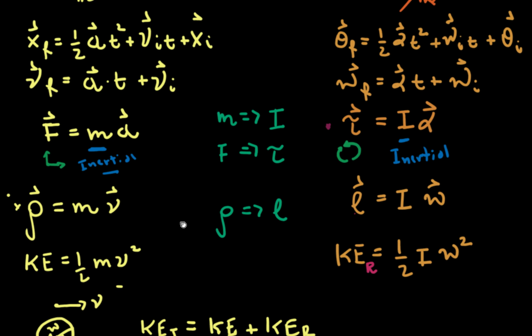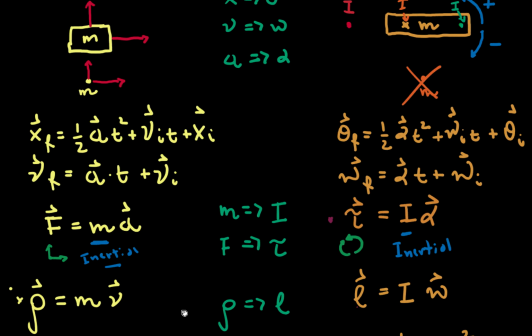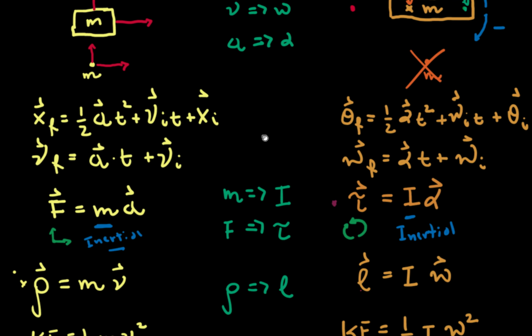But everything else here, this column, the translational, the kinematics, the description of translational motion, and the model for translational motion is different than the description of angular motion and the model of rotational motion.